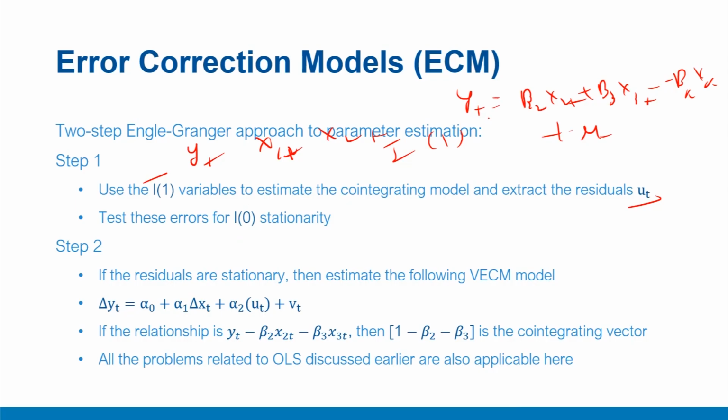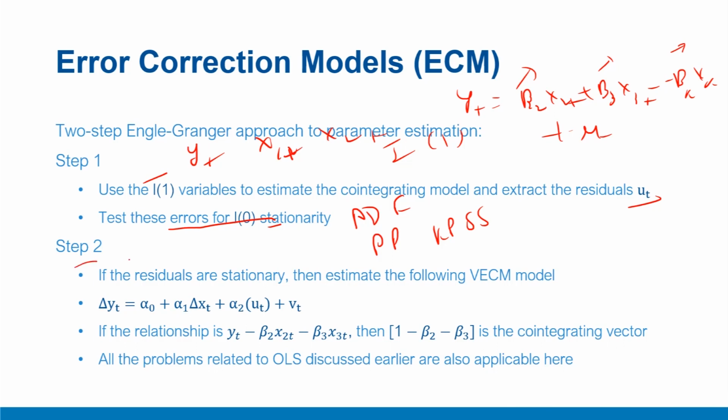At this stage, because this relationship is not necessarily co-integrated, we cannot say anything about the hypotheses behind beta 2, beta 3 and beta k and their statistical significance. So the next step would be to test these mu t's, the error terms, for their stationarity, or whether they are I0 or not, through tests such as the ADF test, PP test and KPSS test, as we discussed earlier.